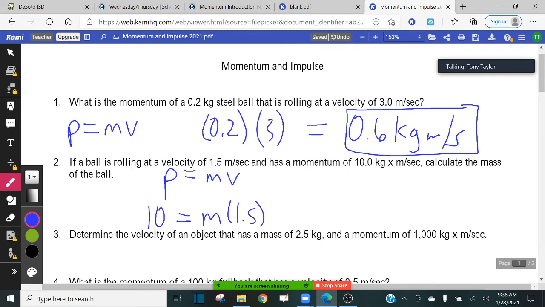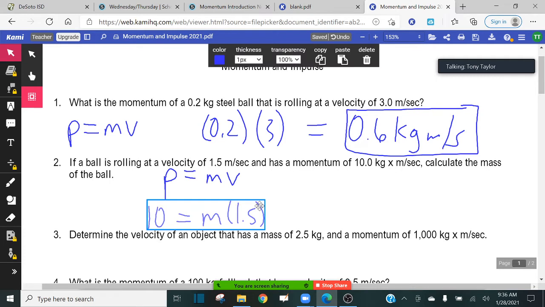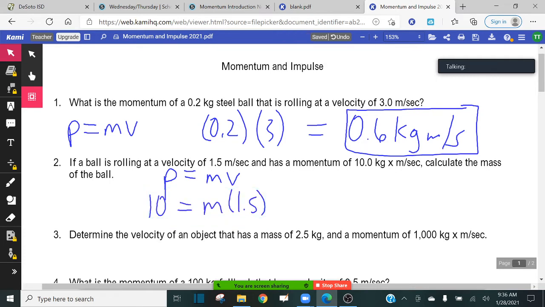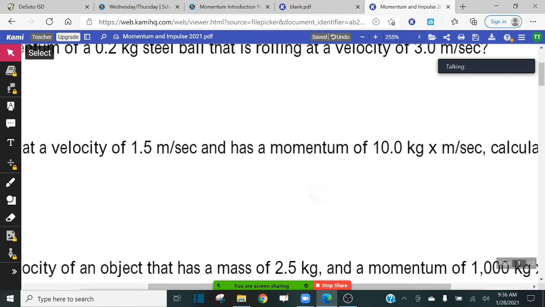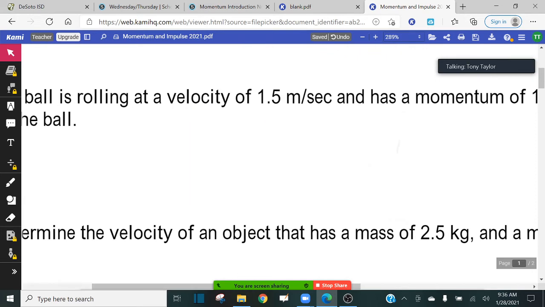So the question is, how will we solve for mass? You guys should know how to solve this equation for mass. It's really easy.